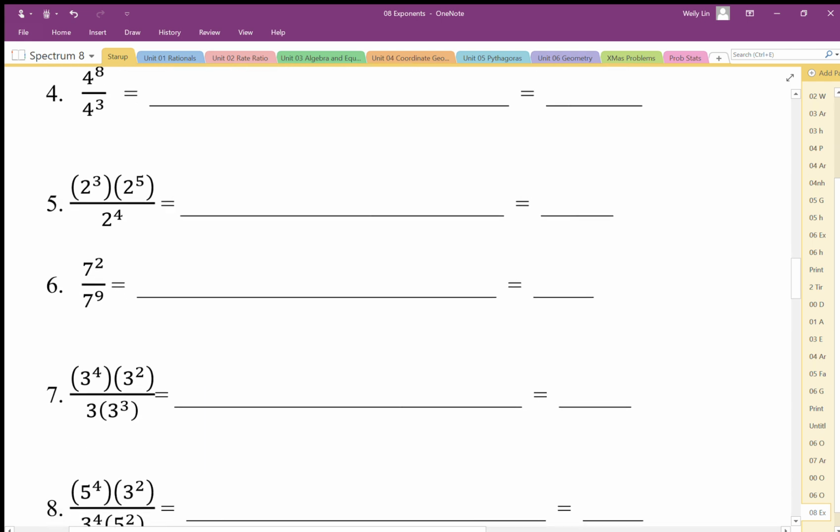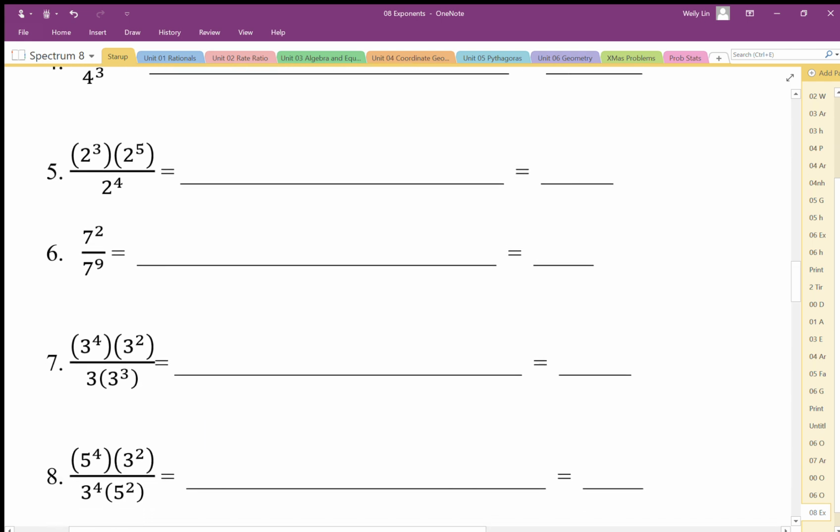I'll do maybe the last one here. Here we just have to be careful because we want to make sure that we only count the 3's with each other and count the 5's with each other. So here I'm just going to expand this out just because this is a little bit trickier.